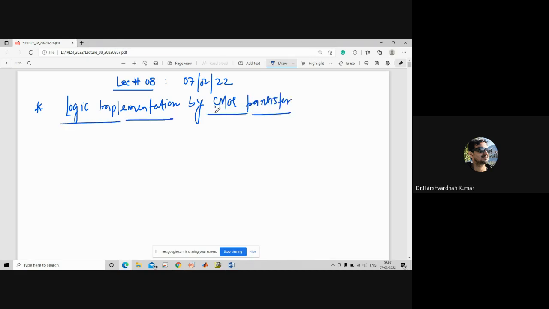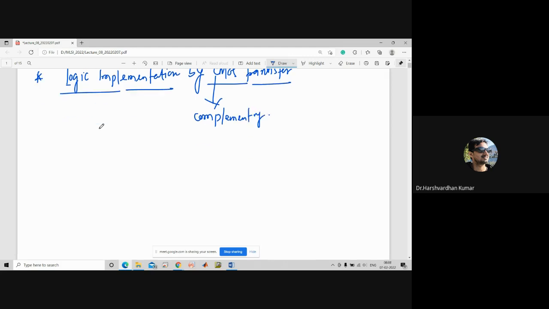Here the C stands for complementary. Whenever we discussed the types of MOS transistor, I mentioned this type of transistor, CMOS, complementary.